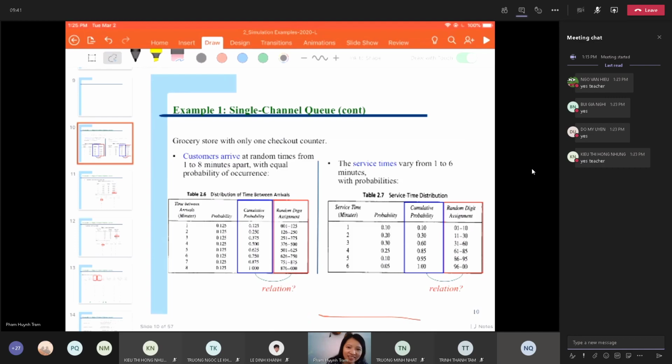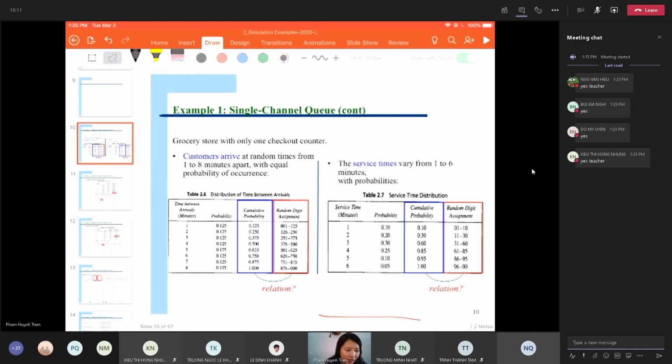For example, let's say we want to simulate an event with a certain probability, then we will use the random number, which the probability of occurrence of that number is the same with the probability that we want to simulate. Let's say the service time, for example.